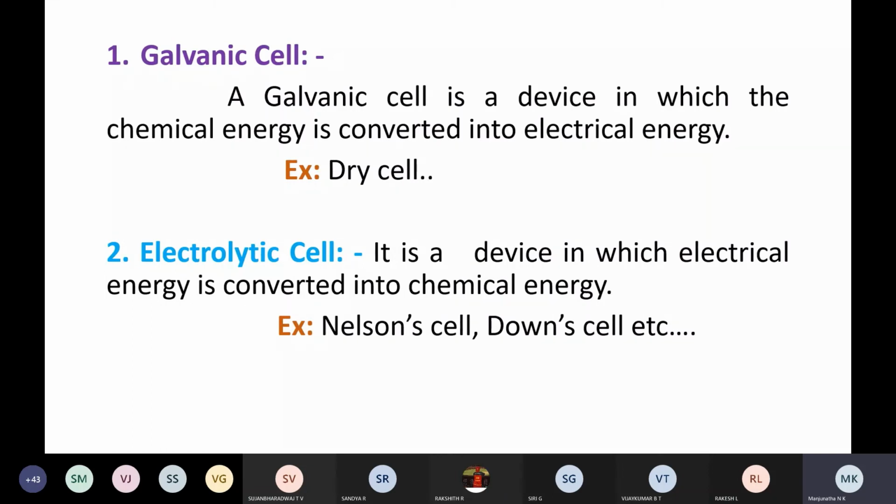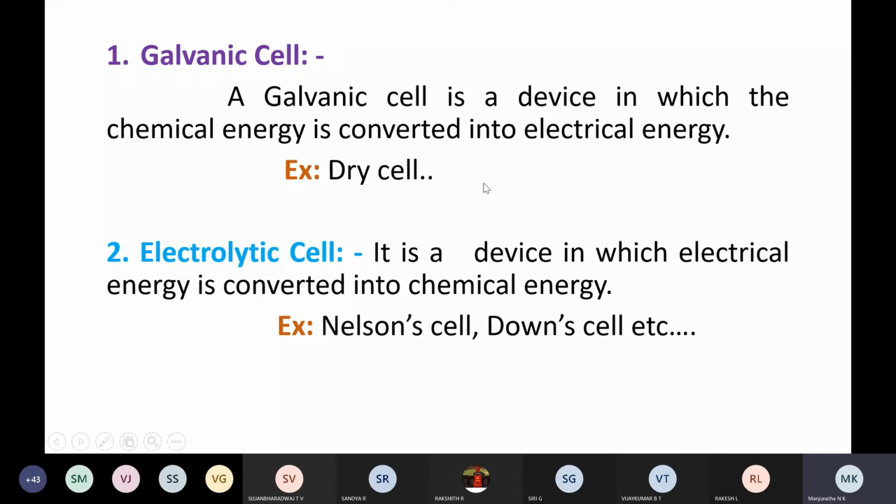Electrochemical cells having the ability to convert electrical energy into chemical energy are called electrolytic cells. For example, Nelson's cell and Downs cell. These are the two examples of electrolytic cells where electrical energy is converted into chemical energy.